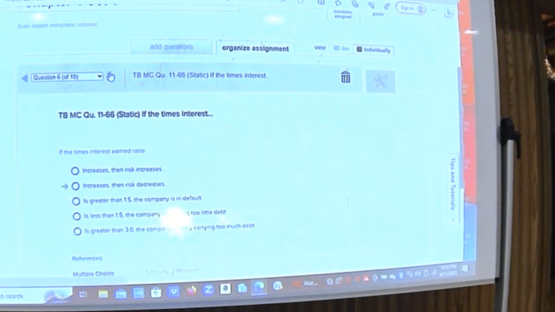Number 6 talks about the times interest earned ratio. We'll take a look at that briefly a little later. If it increases, then risk decreases.